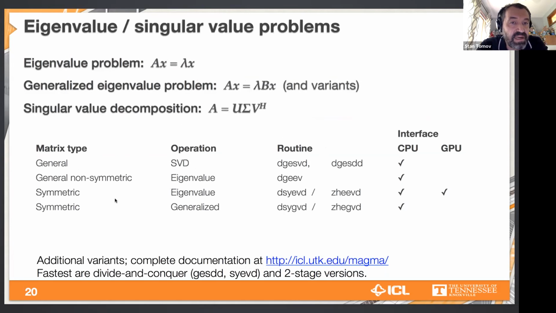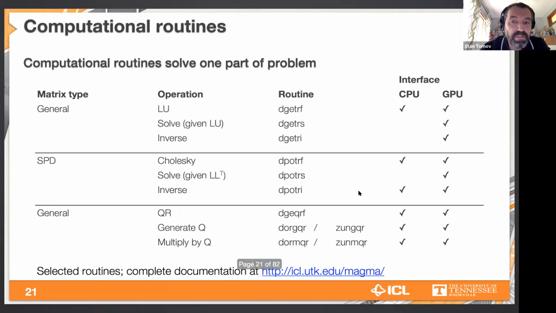These are for the eigenvalues and singular value decomposition for different matrix types, different types of operations, and how the routines are named, along with the supported interfaces. These are computational routines, also all supported.